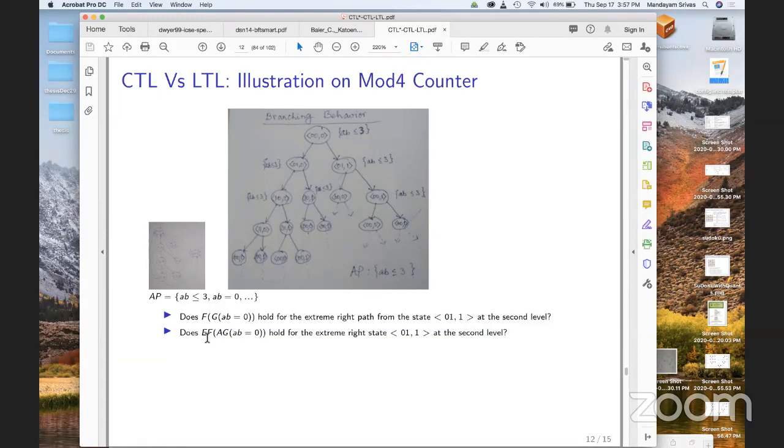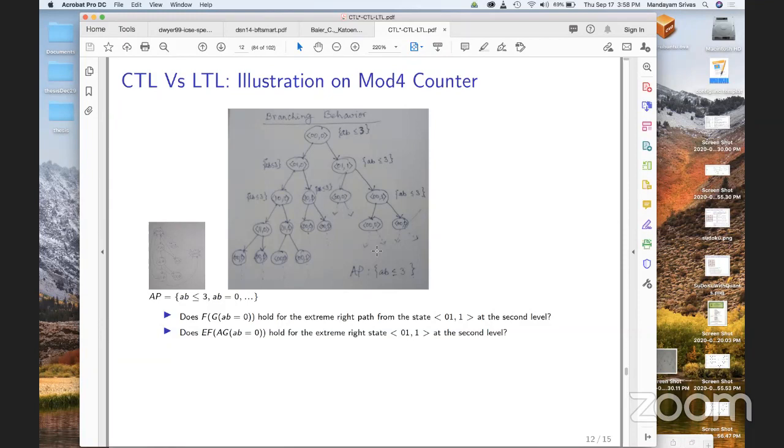What does EF of AG of AB equals 0 require? Specifically referring to this rightmost path, it requires that from every state on that path, every path from that state should have AB equal to 0 continuously holding good.